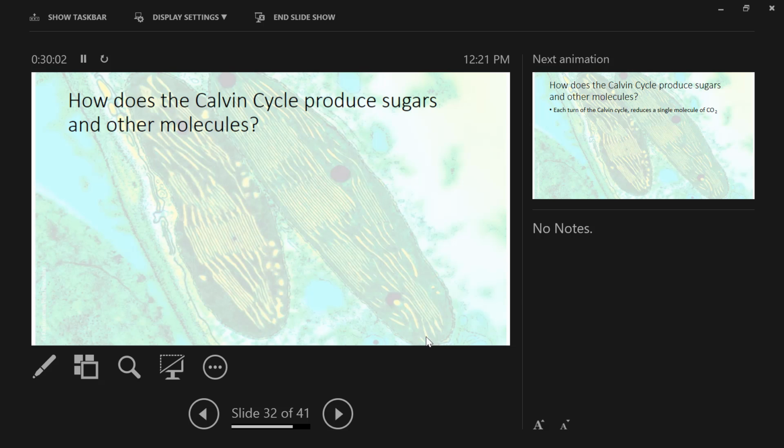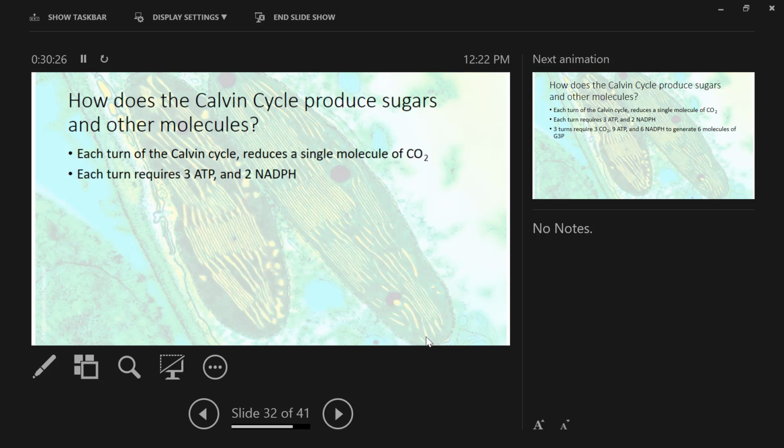Okay? I managed it. All right, so how does the Calvin cycle produce sugars and other molecules? This is just kind of summing up the thoughts, and then we'll talk about why some plants have to separate these processes. So again, each turn of the Calvin cycle reduces a single molecule of carbon dioxide. Each turn requires 3 ATP and 2 NADPH.